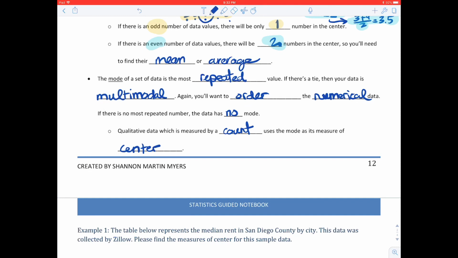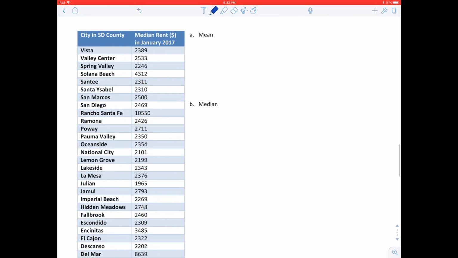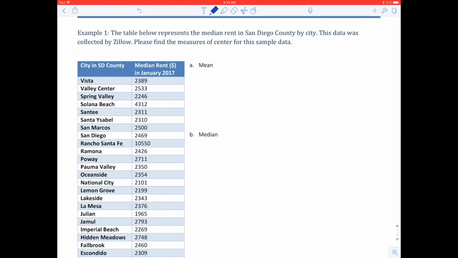The data is qualitative, it's been coded numerically, and so the variable is a categorical variable, and it's measured by a count. Those are things that would use the mode as its measure of center. But you can use multiple measures. So if you have true symmetry going on, then the mode will likely equal the median, which will likely equal the mean.